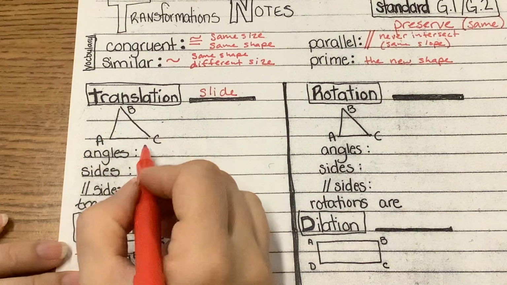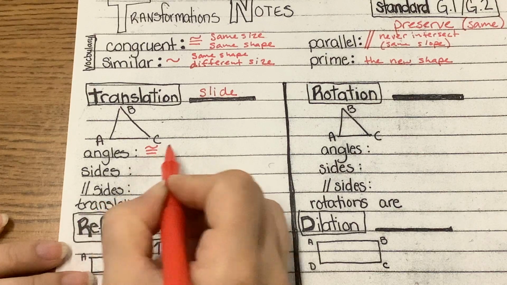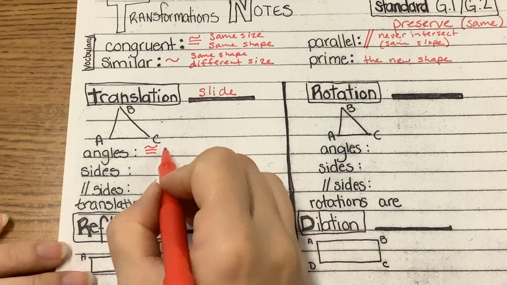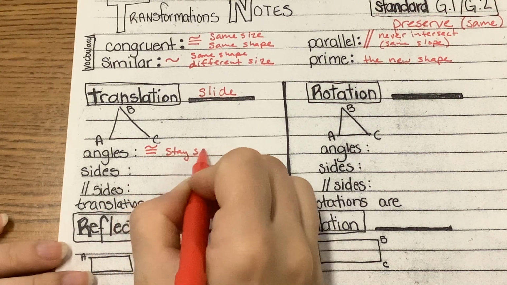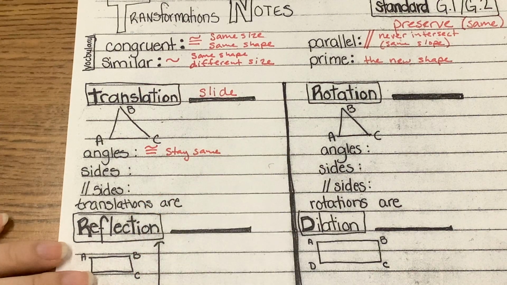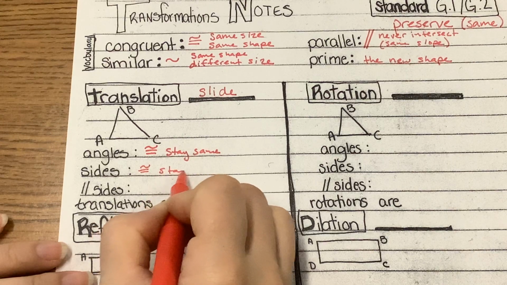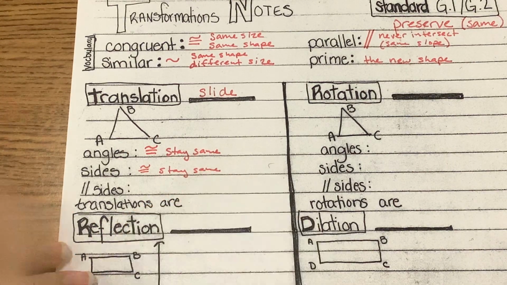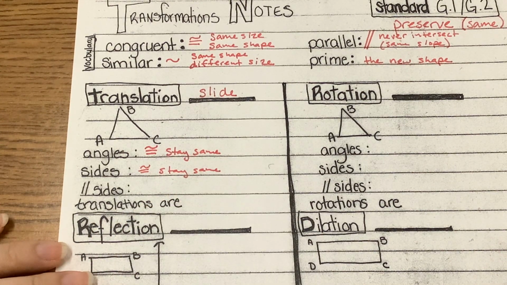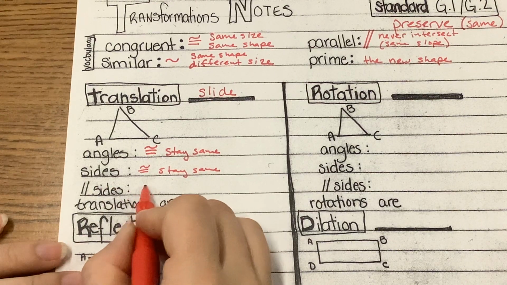Whenever you do a translation, all of the angles are congruent. It means they stay the same. All the sides are congruent, which means they stay the same. And all parallel sides stay parallel.